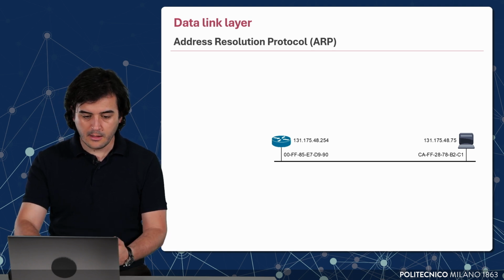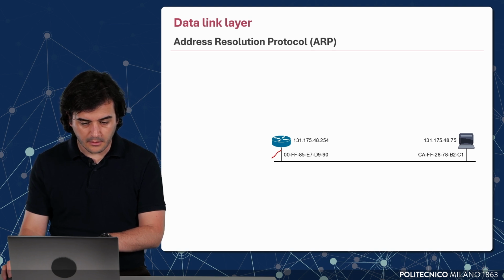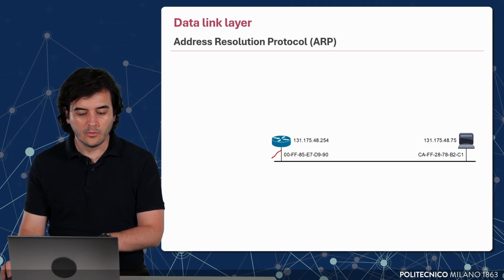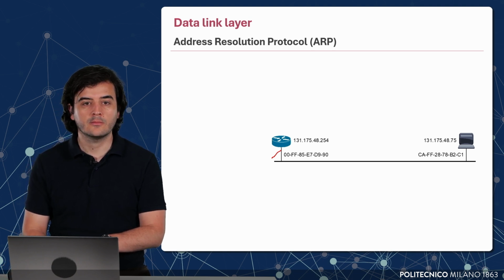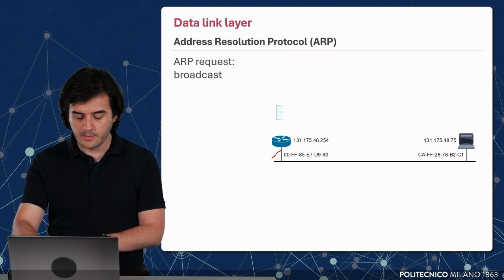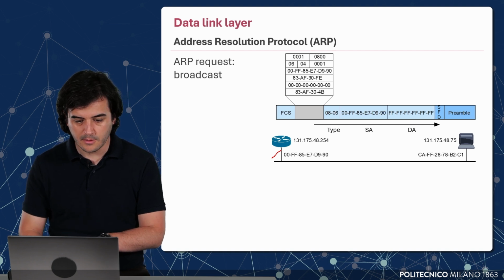The idea is that the router, in this case, knows the IP address but does not know the MAC address of the computer. So in this case, the router sends a broadcast message on the data link layer. This type of message is the ARP request, referring to the previous slides.